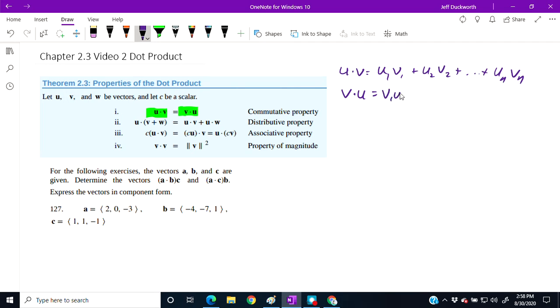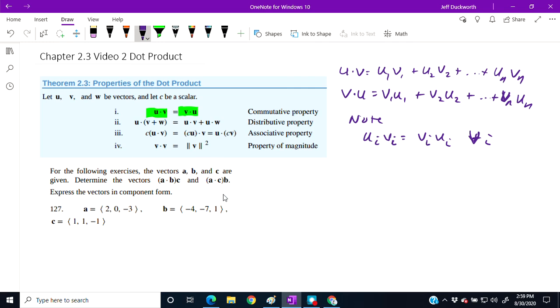So v1 u1 plus v2 u2 and so forth. But note, ui vi equals vi ui for all i. So we had the exact same thing.